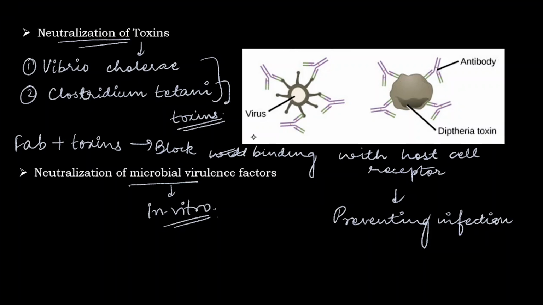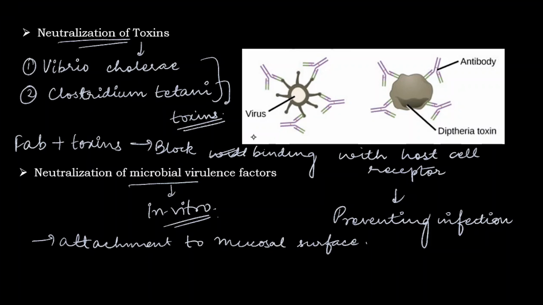So the first step in any colonization of the host by a commensal organism is the attachment to the mucus, the mucosal surface. What do these antibodies do?